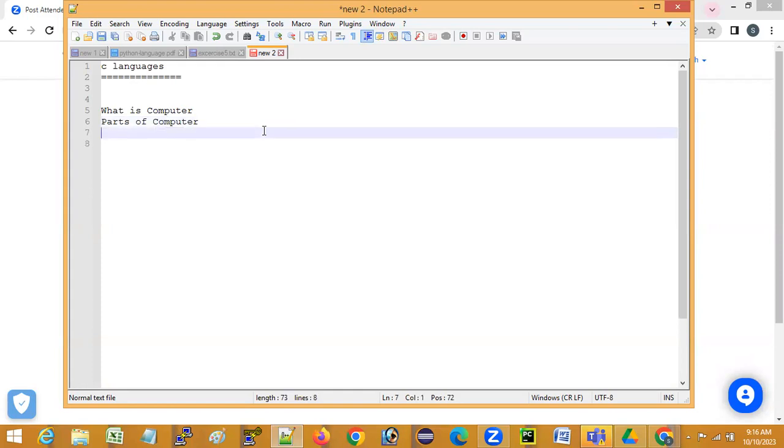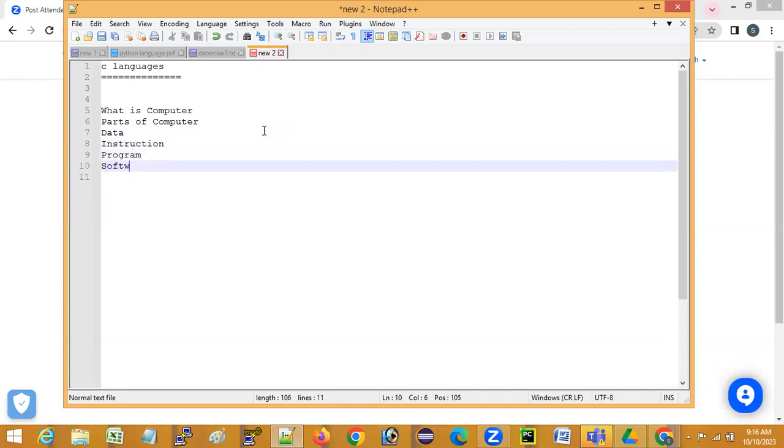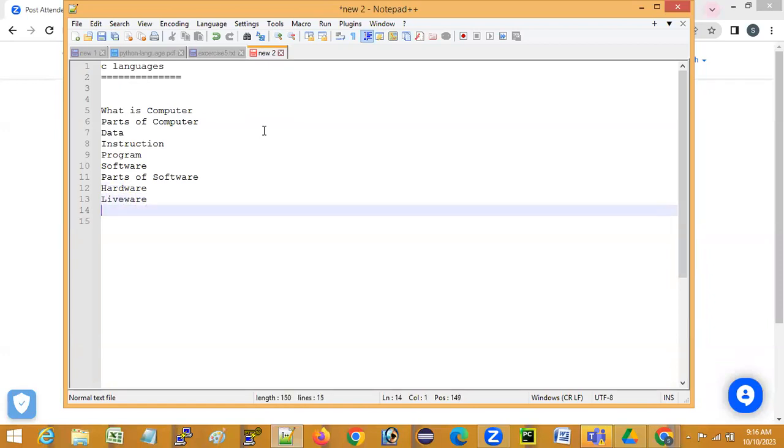Then we'll cover what is meant by data, what is meant by instruction, what is meant by program, what is meant by software, parts of software, then what is hardware, what is liveware. Like that we will go on to discuss today.